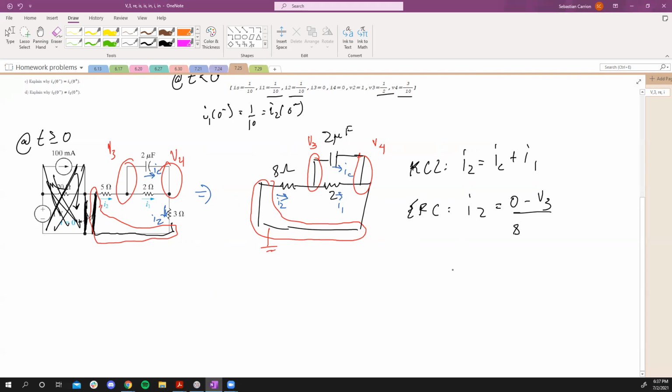I1 is equal to V3 minus V4 over 2. Our IC is equal to 2 microfarad times dV3 minus dV4 over dt. So we don't even need to use Maxima for these.